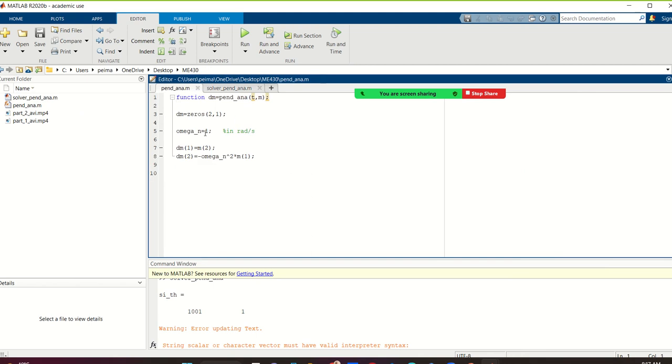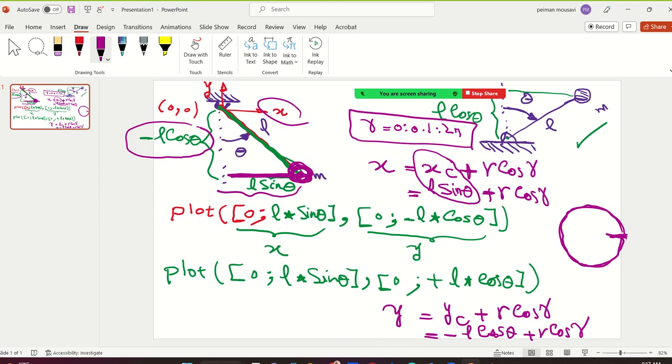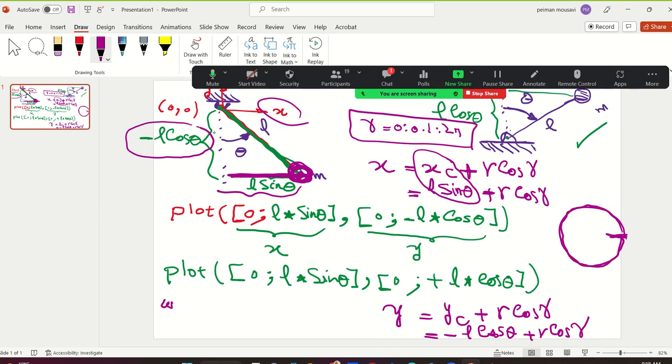I'm going back here. Omega n was 1. All of you go to your notes. I want you to let me know what is omega n, the natural frequency of the pendulum. I taught you this. Give me the answer. Omega n is based on gravity and length. Share with me.